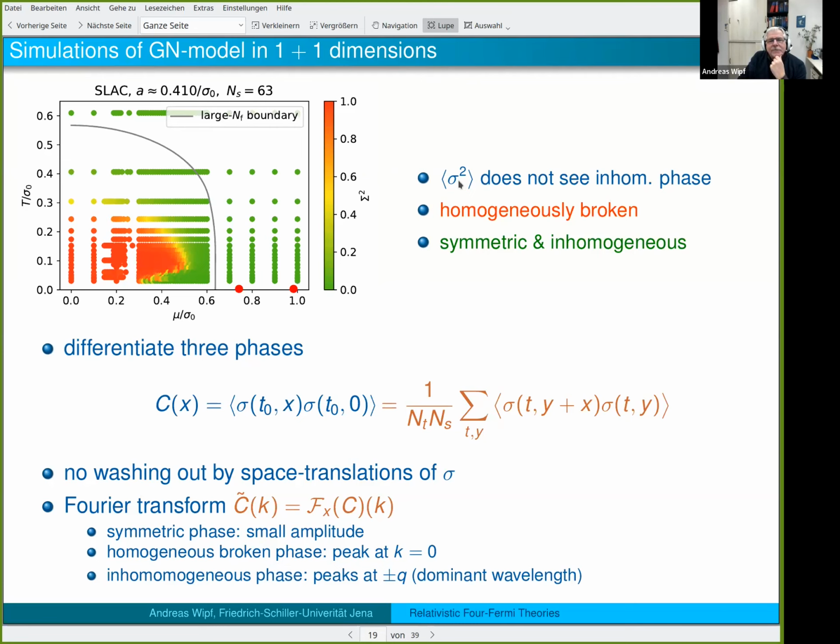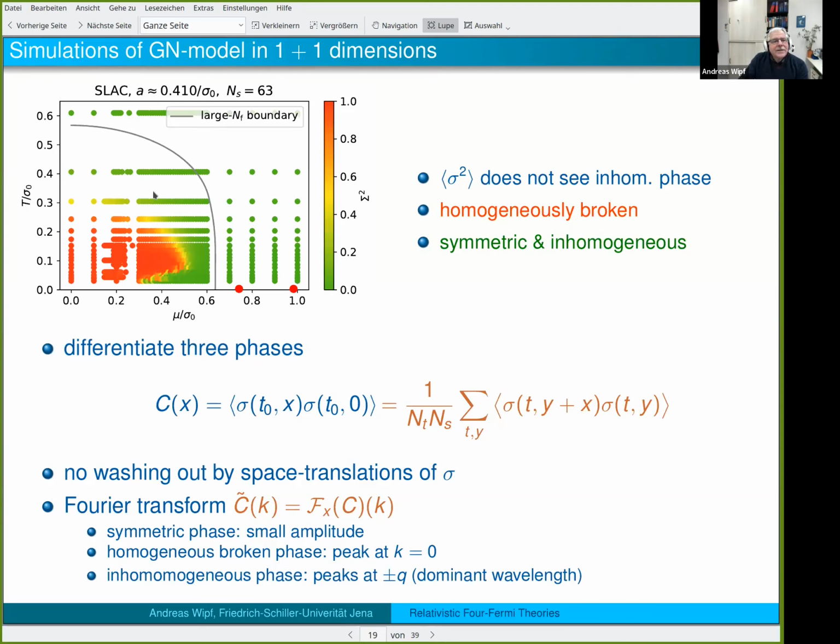You have to take the modulus of sigma or sigma squared to see spontaneous breaking. Okay, and so this is a typical phase diagram. You come up with, again, chemical potential versus temperature. And then you see this histogram where we have the red color: we have spontaneous non-trivial condensate.